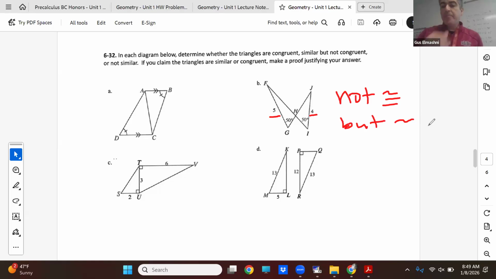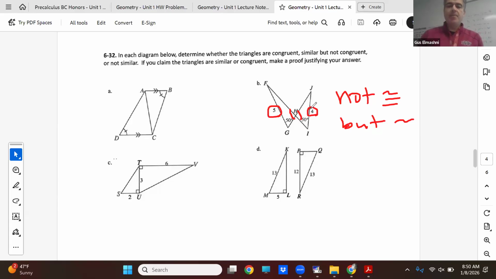But they are similar. And that's because that angle equals that angle. But you can't say they're congruent. You could say they're similar because they have vertical angles and you have 50 degrees.